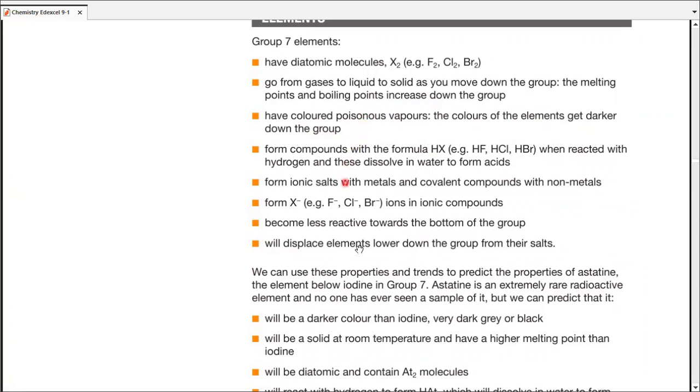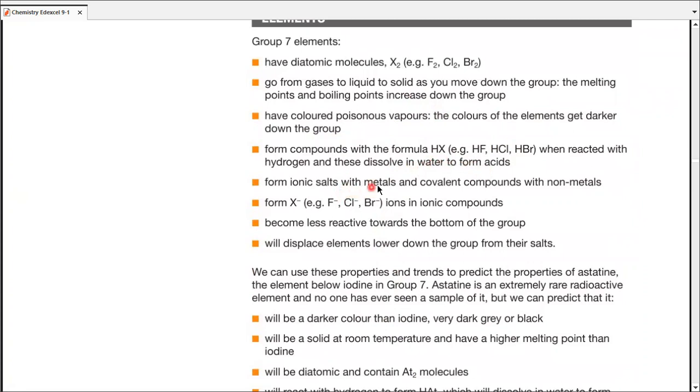If I have to work with astatine, which I would next in the very next paragraph, you'd understand the color gets even darker over there. When reacting with hydrogen, they form the formula HX, hydrogen halides, HF, HCl, HBr, and these hydrogen halides dissolve in water easily to form acids.